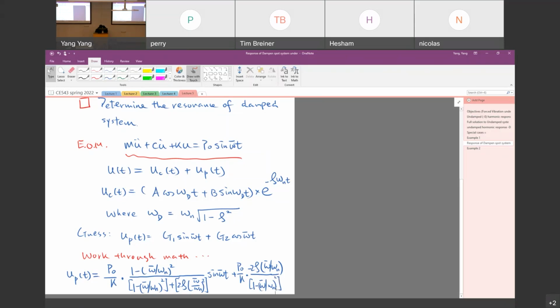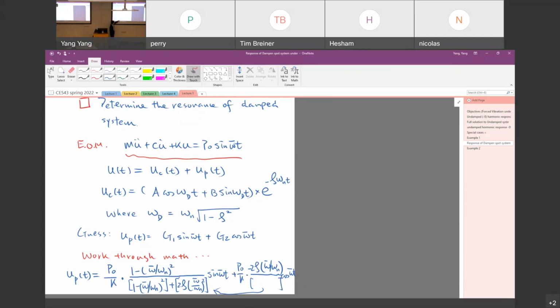This is a cosine omega bar t, the same as the first term. On the next page, we will simplify this.